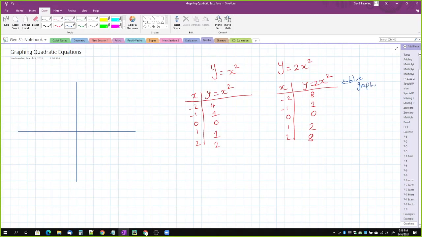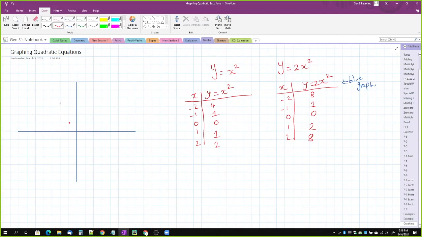So let's start doing the graph here. When x is 0, it's a 0, so that's fine. And then when x is -1, we have y as 1, right? And then when x is -2, y is actually 4.